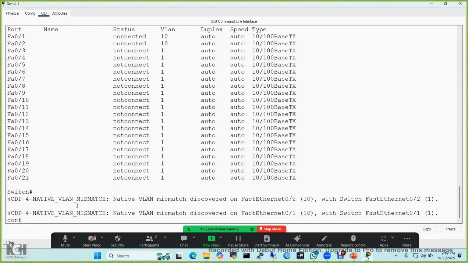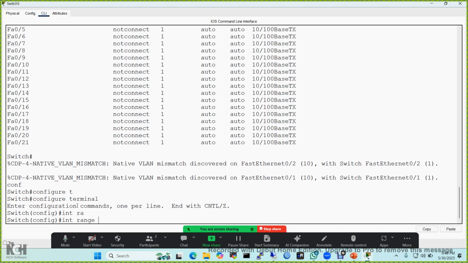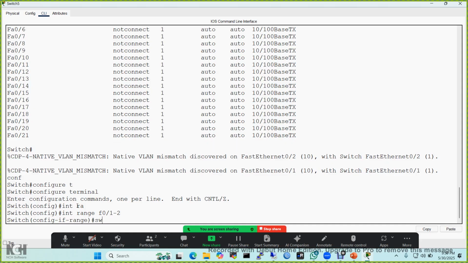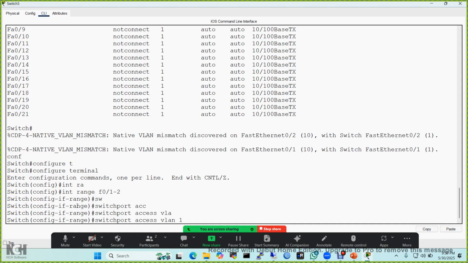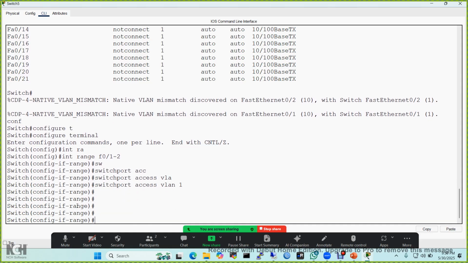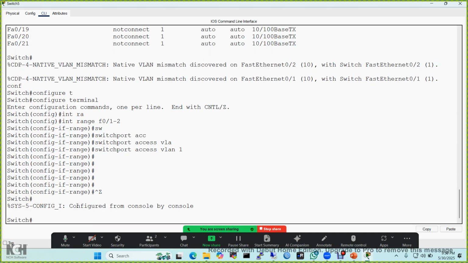Configure terminal, interface range F0/1 to 2, so I can change them together. Then switchport access vlan 1. Now this switch also will be changed. Ctrl Z for directly going to privilege mode.